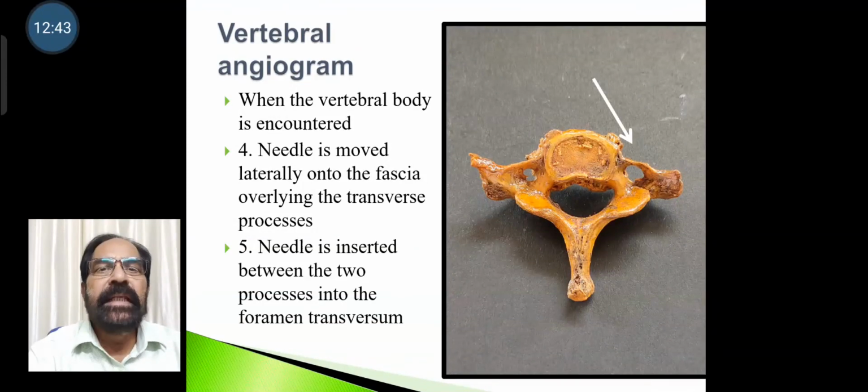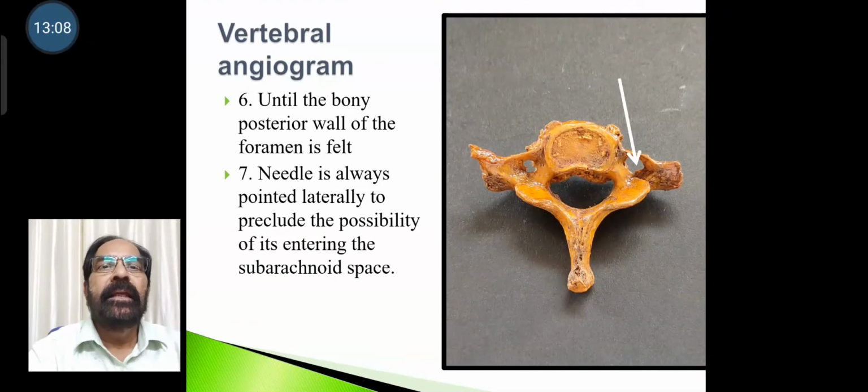Then the needle is inserted between 2 transverse processes, that is into transverse foramen or foramen transversarium, until the posterior wall of the foramen is felt, as shown in the picture.